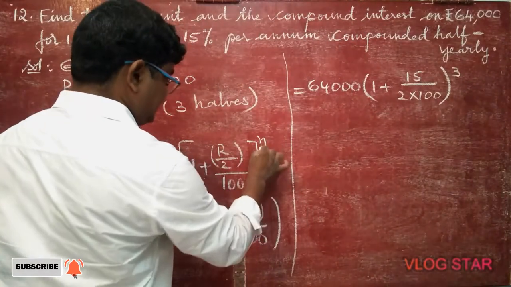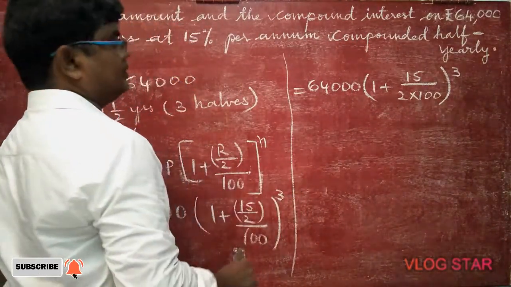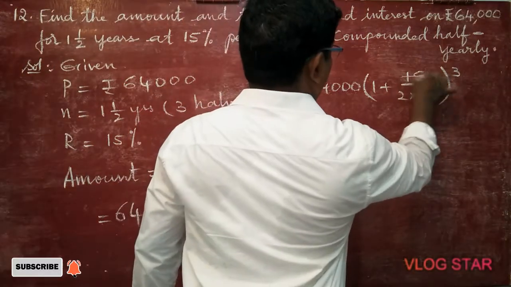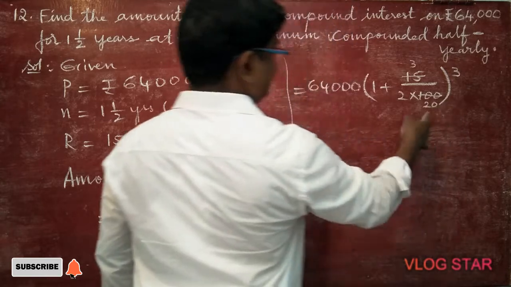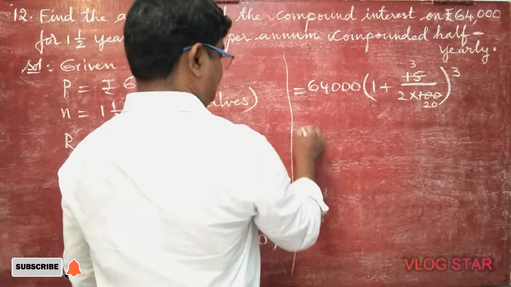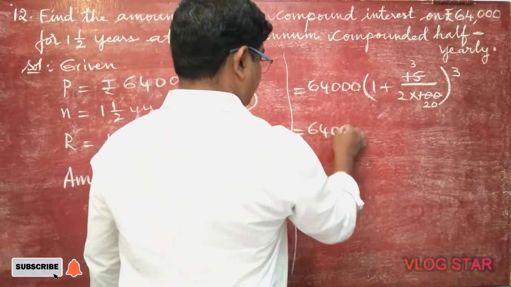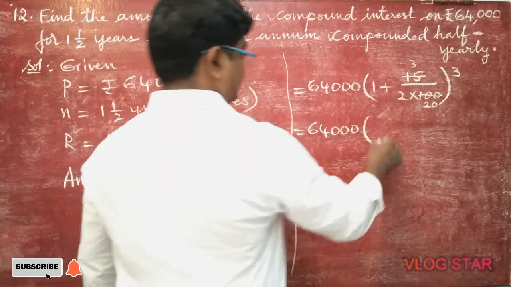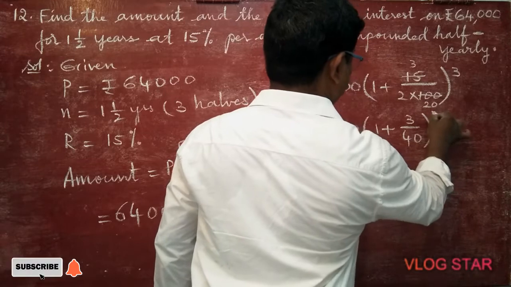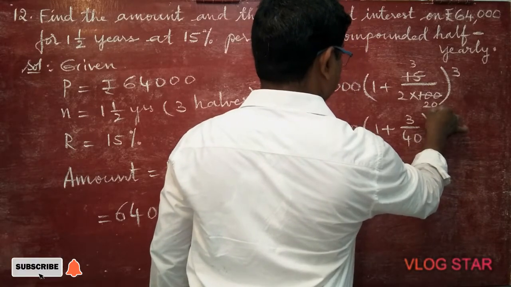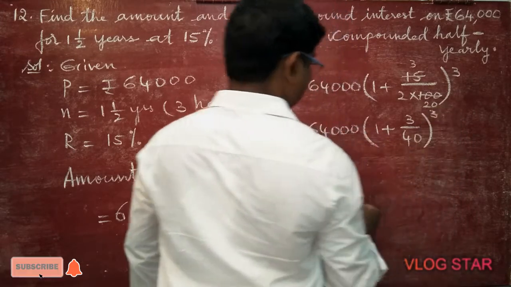Here N place 3 you have to write, cube. 5 3s are 15, 5 2s are 10, 0, 20 times. So 64,000 into 1 plus 3 by 40 whole cube. This cube, don't forget this cube. Very important.